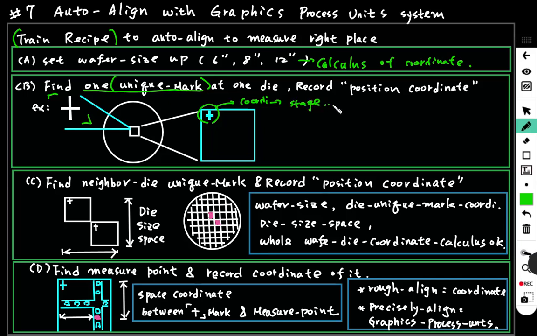The coordination is produced from the stage assembly. We talked about it last time. And then we record the coordination to the computer to let the computer remember one die and its unique mark coordinate.